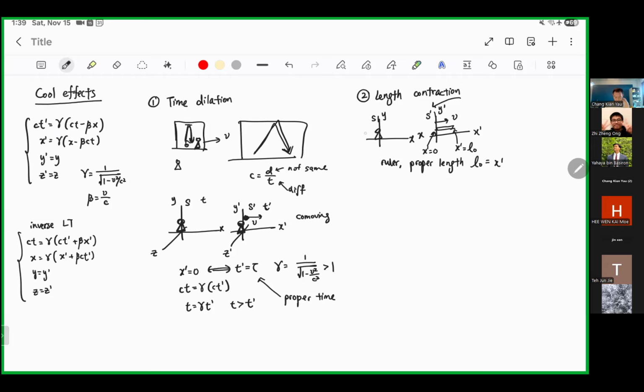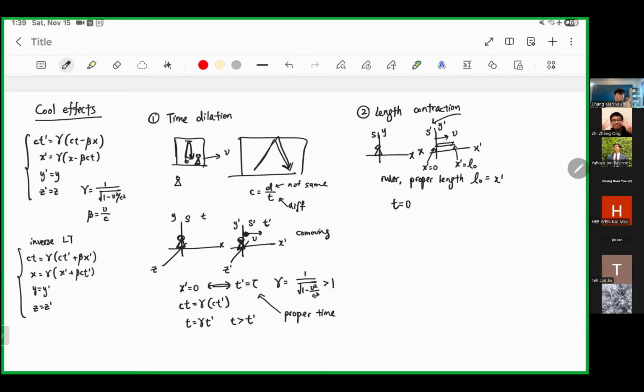So the observer in S prime will see the length as L naught, which is the proper length of the ruler. But the observer in S will measure it at a time, let's say t equals 0.